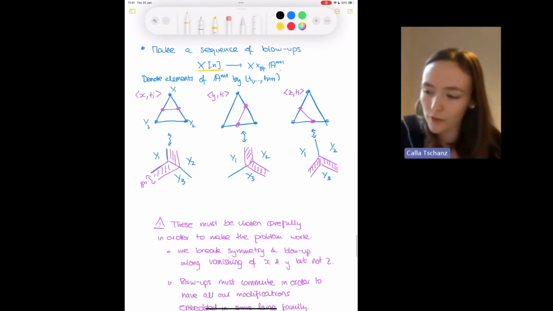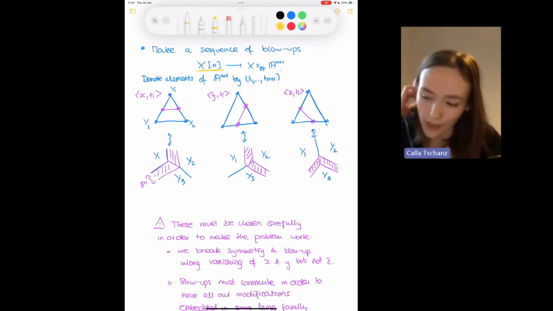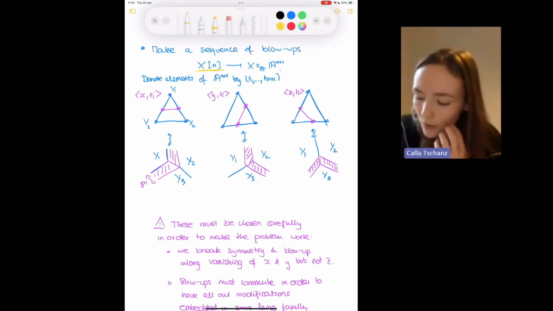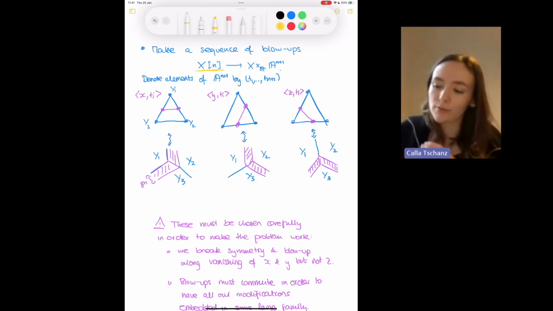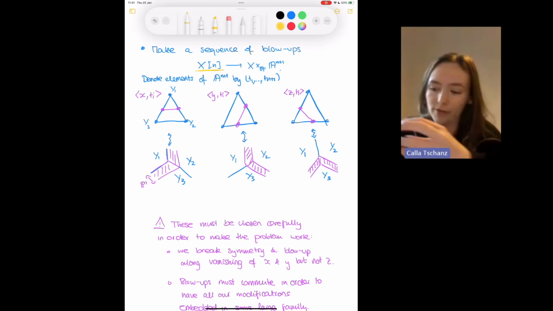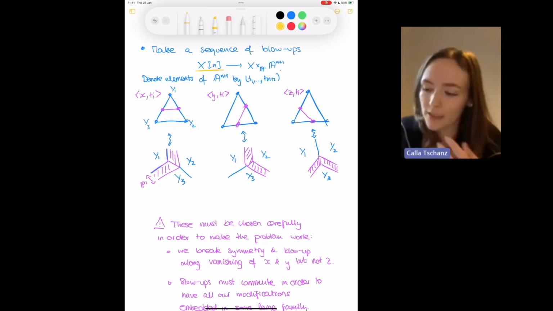It's not at all obvious how you do it, but basically you want your blowups to be chosen in a way so that they commute with each other, and so that the space has some structure that makes sense in terms of how the limits of the different subschemes relate to each other.